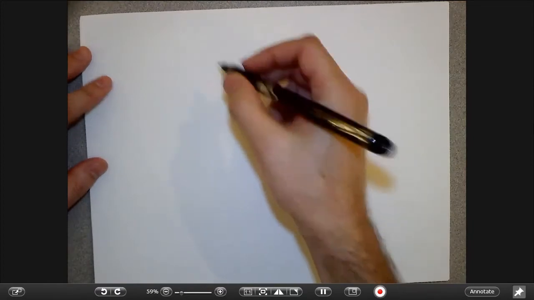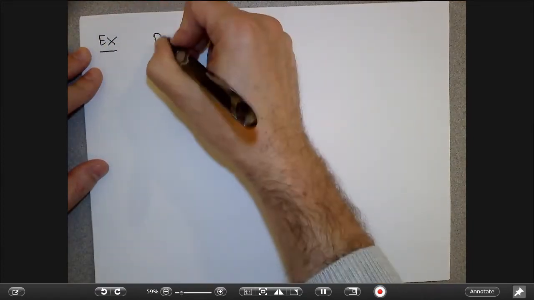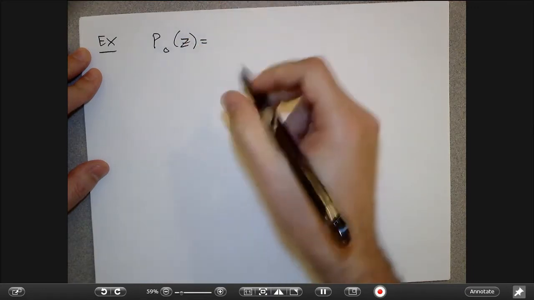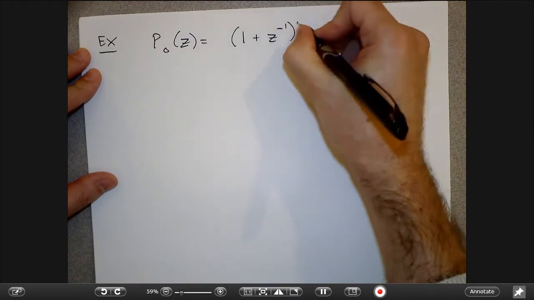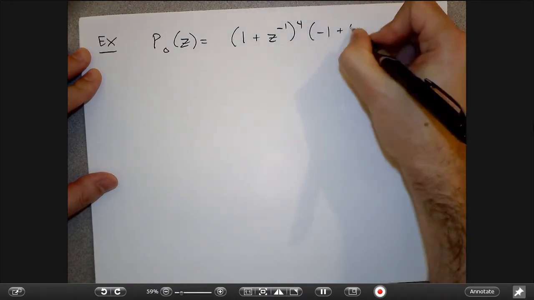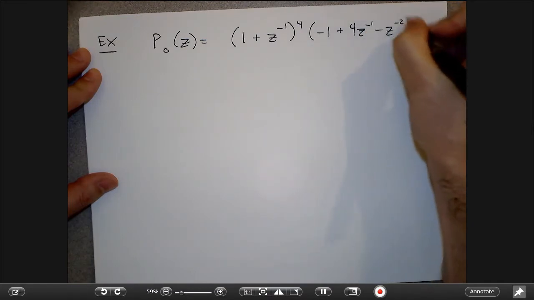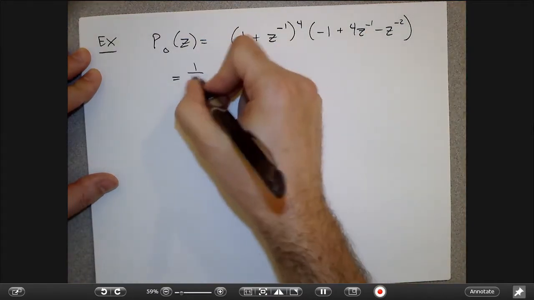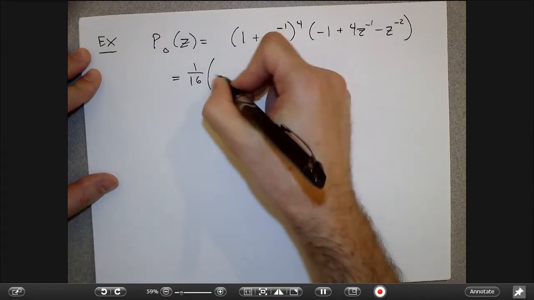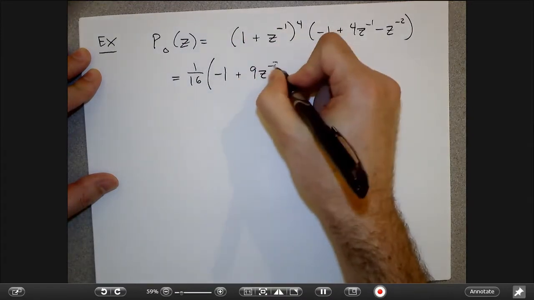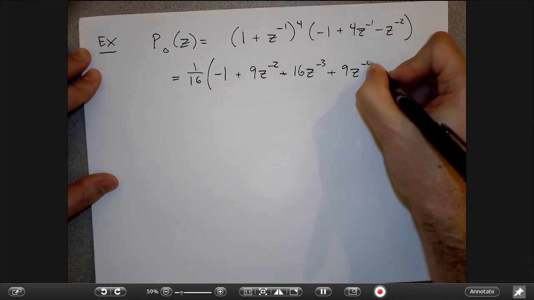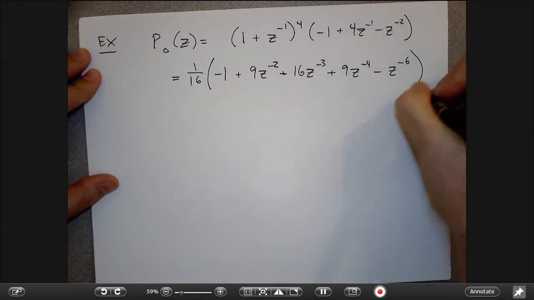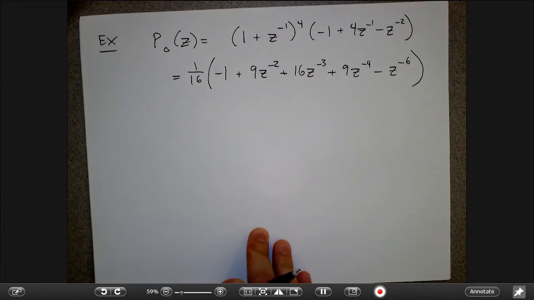So for example, what I might do is I might say, okay, let's take P0 of Z equals, and I'm going to just kind of factor it out for you like this. If I were to write this out, what I would have would be this. So here's a choice of a filter that satisfies my constraints, right?